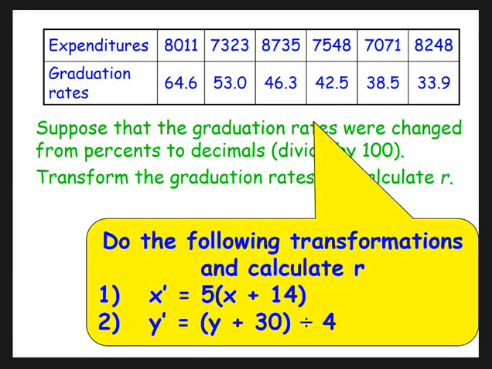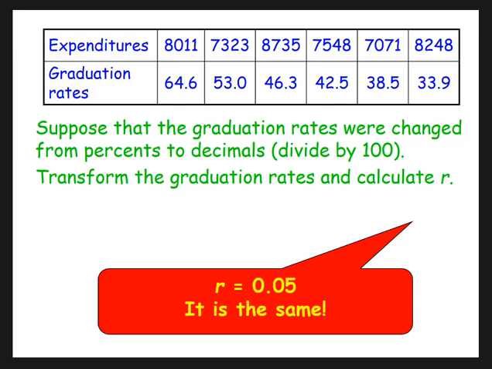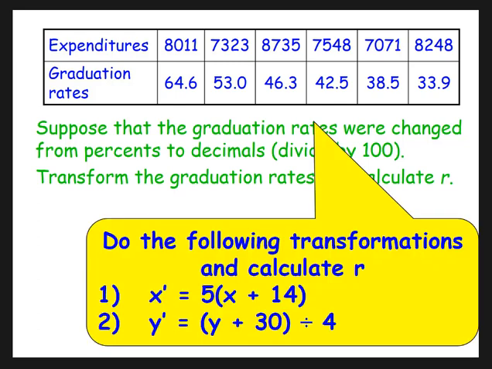Now, if we do the following transformations and then calculate r. So we're going to do each x value: add 14 to it and then multiply by 5. Each y value, we're going to add 30 to it and divide by 4. Well, we still have the same correlation coefficient. The reason is what we performed here is a linear transformation. Both of them were.